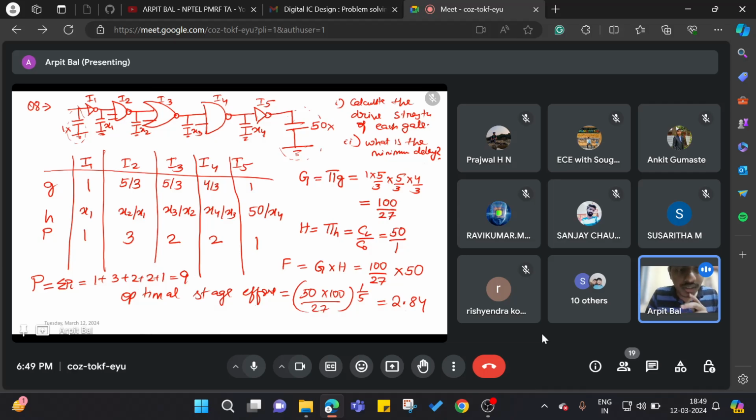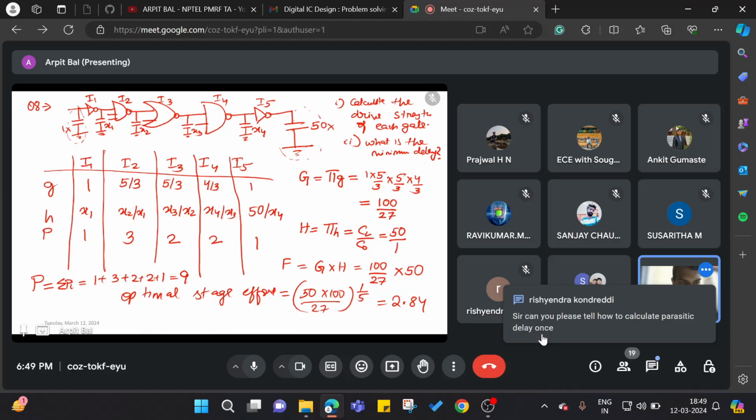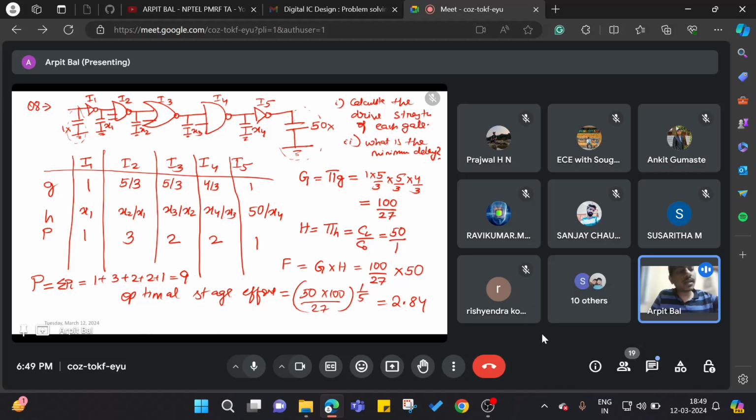I'll pause here for 1 minute. Can you tell how to calculate the parasitic delay once? Okay, parasitic delay is basically you observe the output node, whatever the total capacitance is present there, and then divide it by the reference inverter.